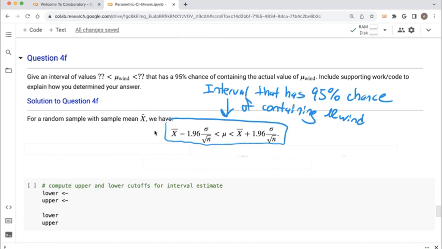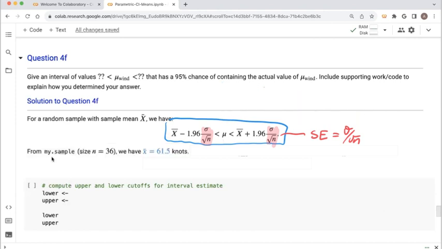And so this interval that we observed earlier goes from 1.96 times the standard error below X bar up to 1.96 times the standard error above X bar, and this interval has a 95% chance of containing the population mean mu.